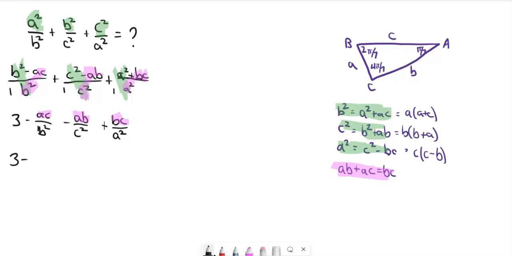We'll rewrite this as minus, in parentheses, b c minus ab all over b squared, minus, and the ab here we rewrite as bc minus ac, all over c squared, plus, and of course bc is equal to ab plus ac, all over a squared here.